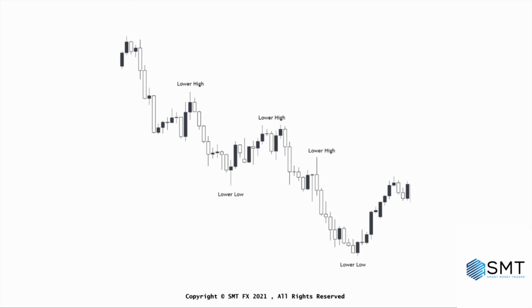So we've had a rejection, it's pushed up, and then it's rejected quite aggressively again. Okay, and it's continued pushing down to form the last lower low, and it's lost its momentum there, and it's tried to push back up again. However, it hasn't had enough commitment to push past the previous lower high, and we've started to pull back again to the downside.